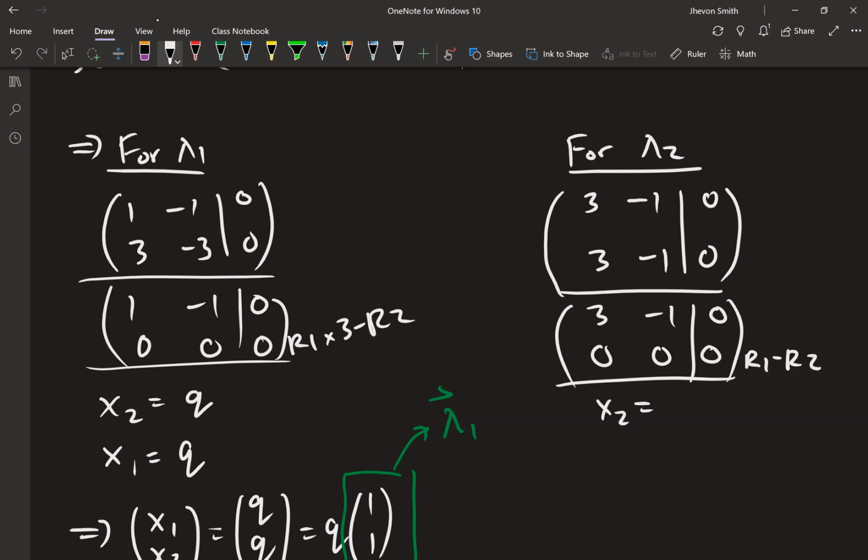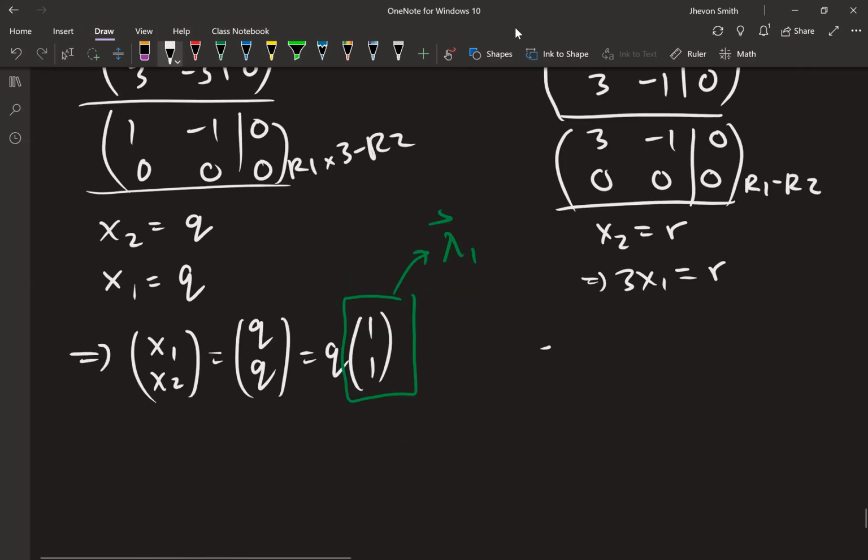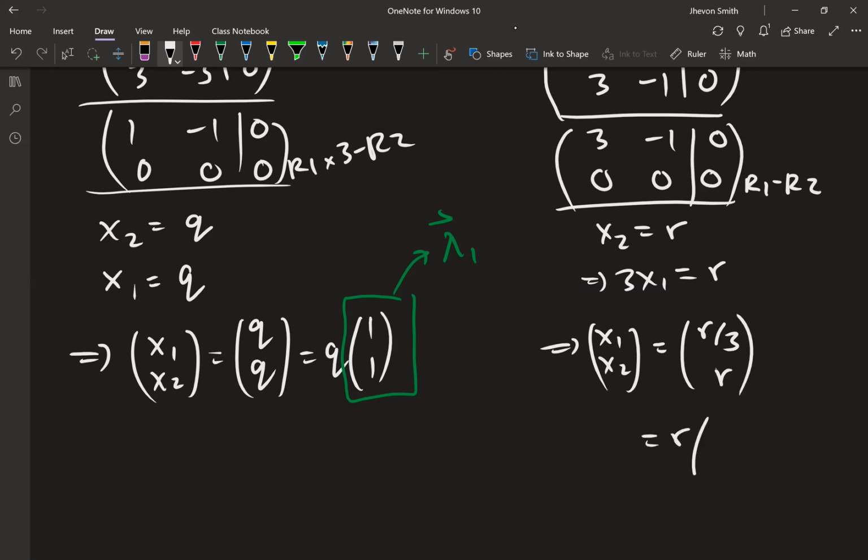Set a parameter equal to the column that doesn't have a leading 1 in it. Call this R. Then I would get 3x1 equals R. And so then I get my x1, x2 in this scenario to be R over 3 and R, or in other words, R times 1/3 and 1.